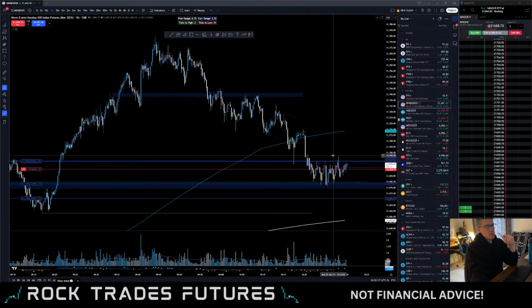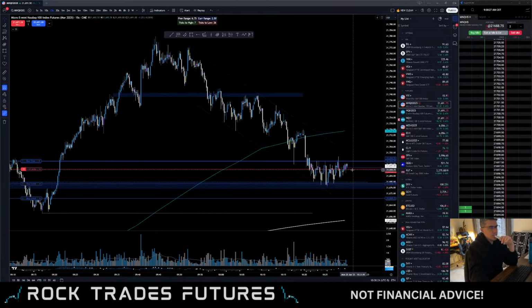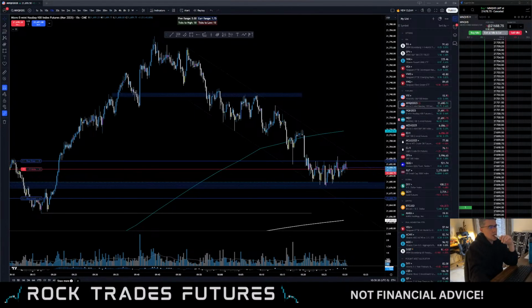In some ways the stop should go above this highest swing point, but this candle is my trigger. Order filled.